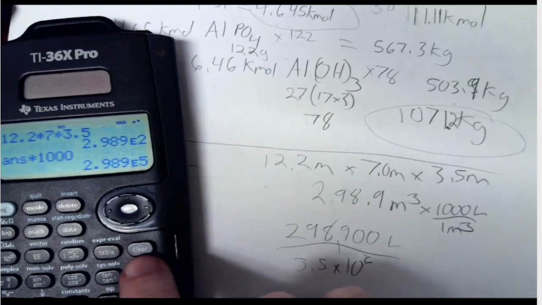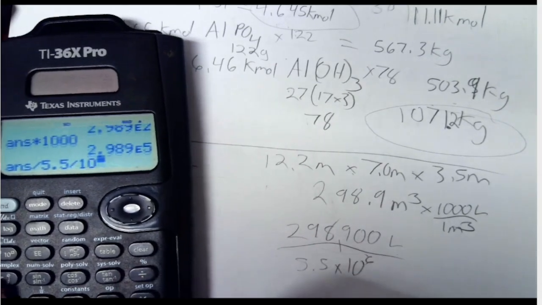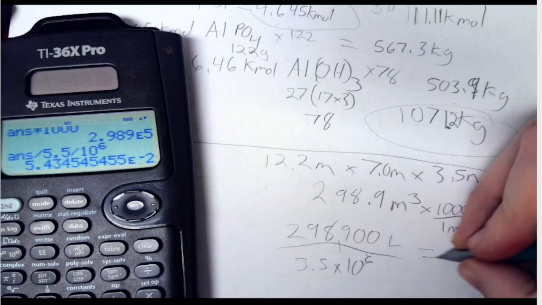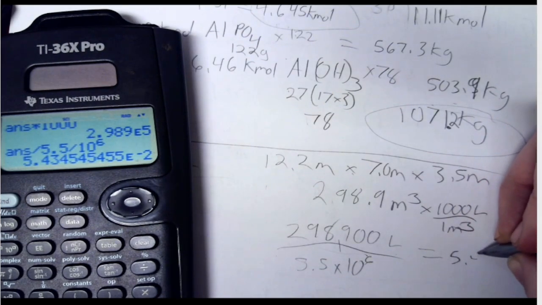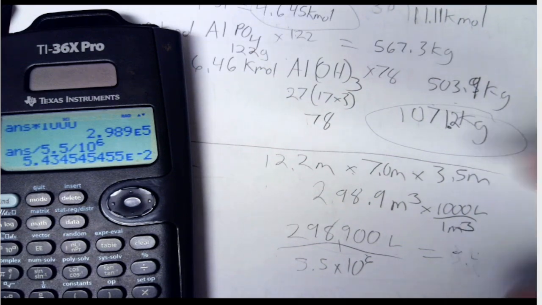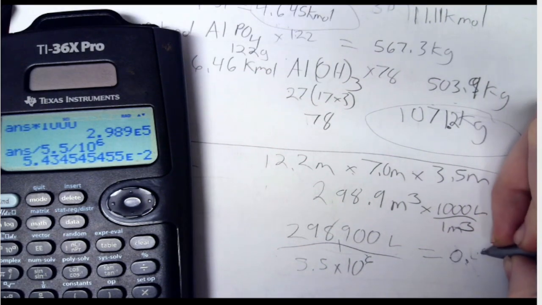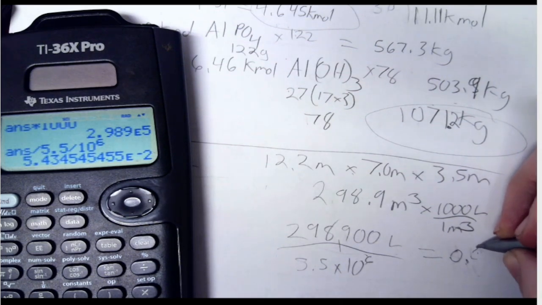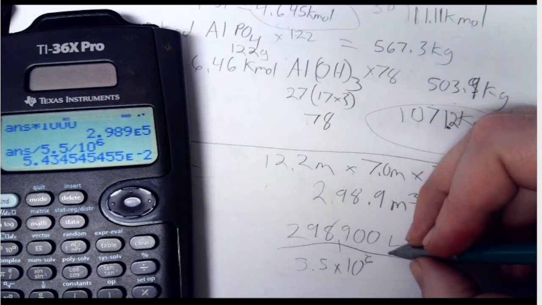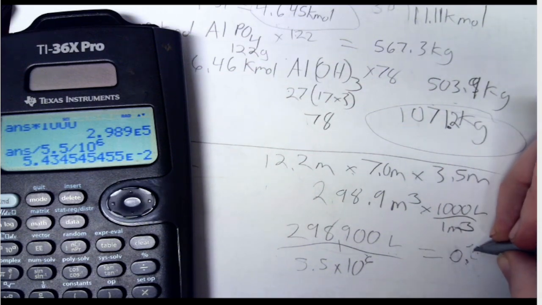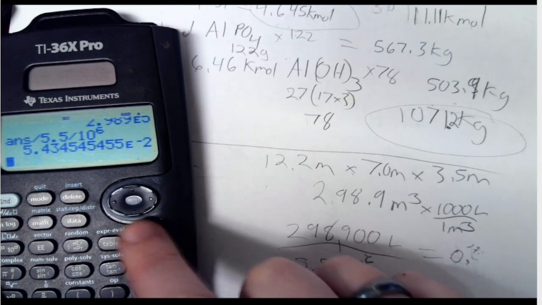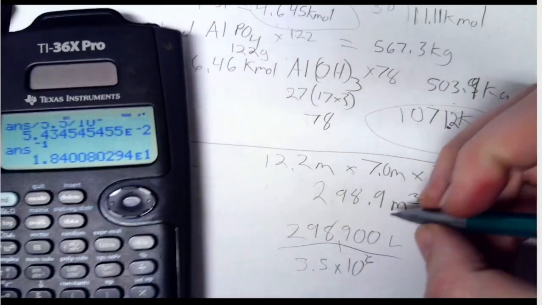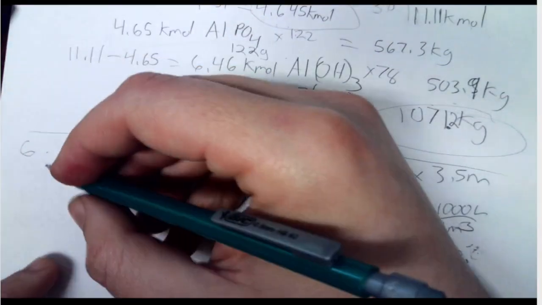So I guess it'd be the other way around. I'll just invert that. If this is per tub, we want to say tubs per day.